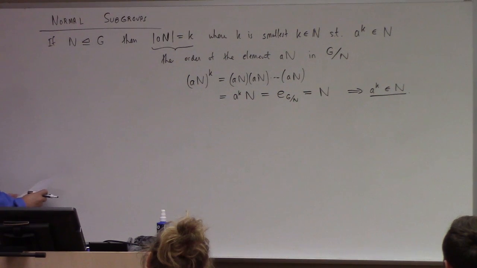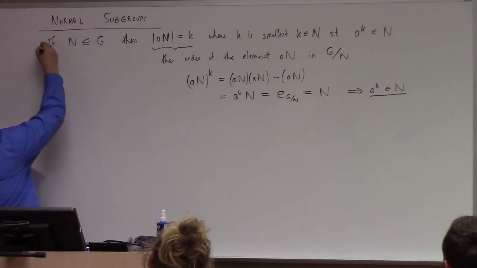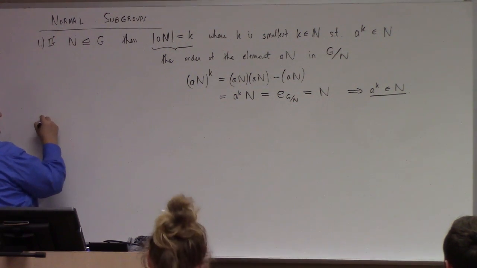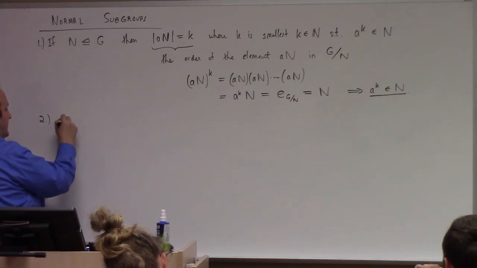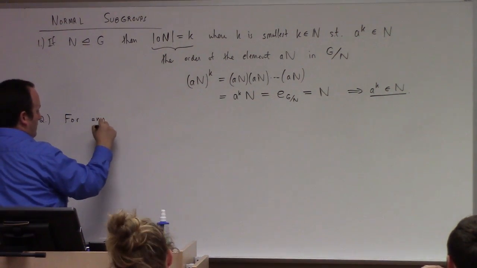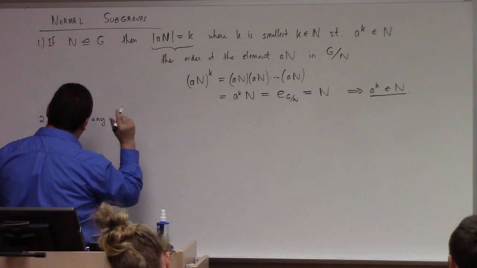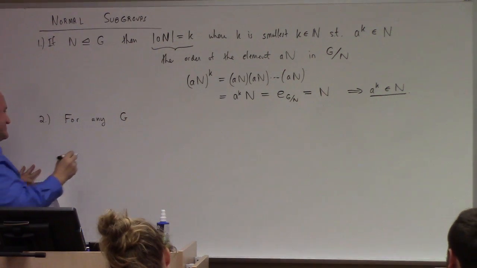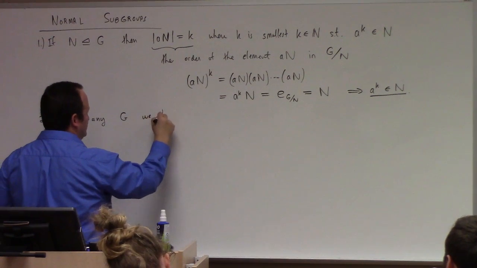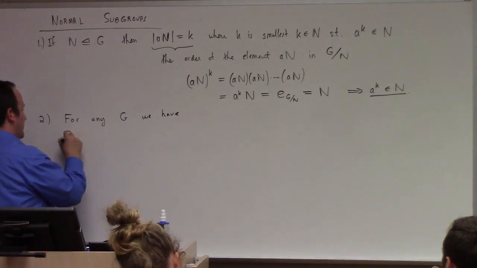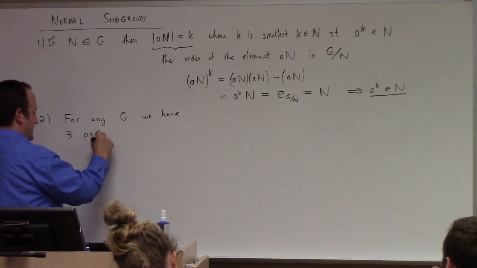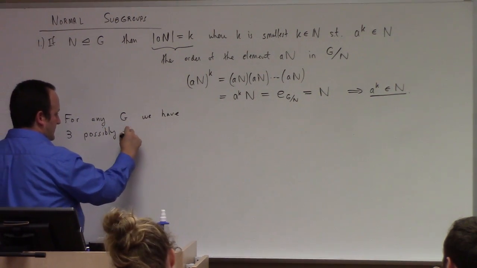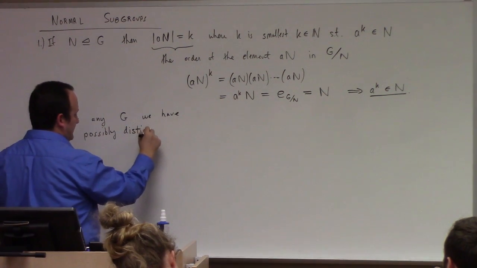Another thing I should mention to you is another point here too. For any group G, we have three possibly distinct normal subgroups. There's more, I suppose, but these three stand out to me.